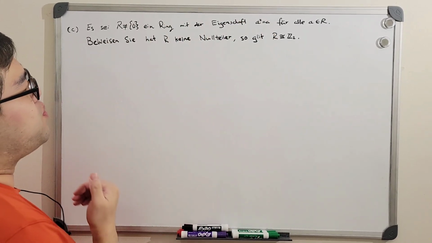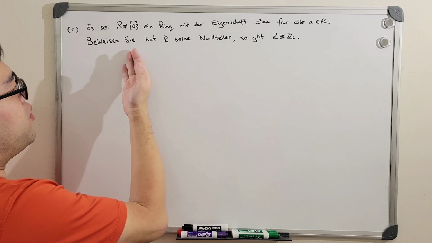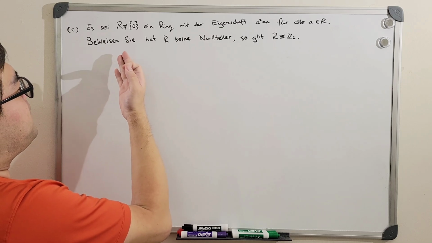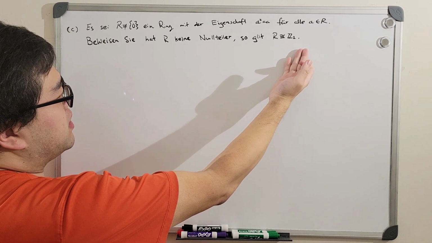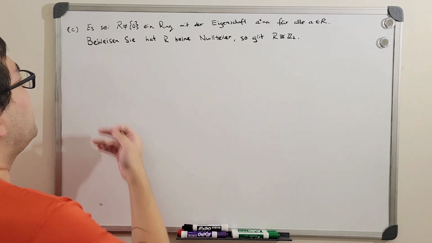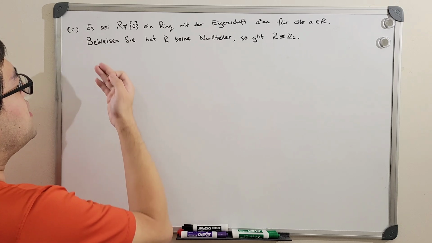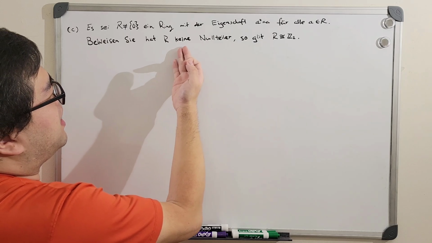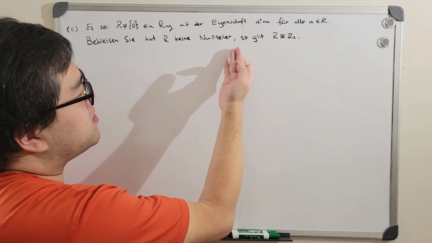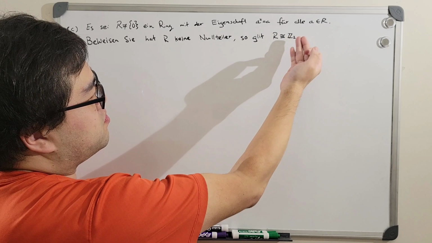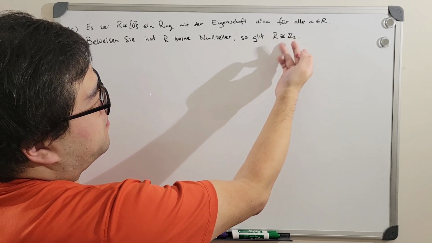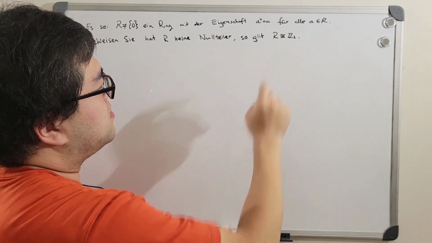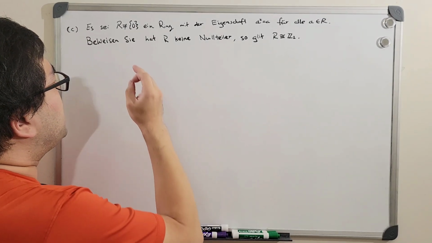And for this last part here, this is what we want to prove. Here are the conditions we have. It says, beweisen Sie, hat R keinen Nullteiler, so R is isomorphic to Z2.